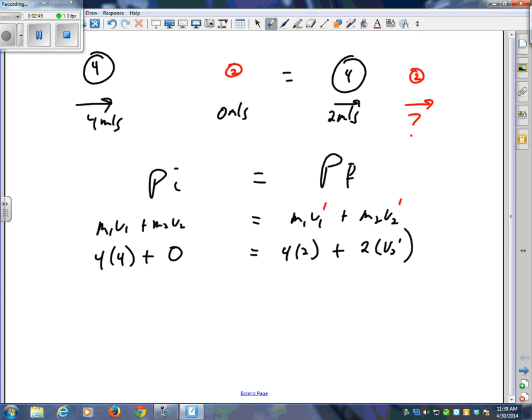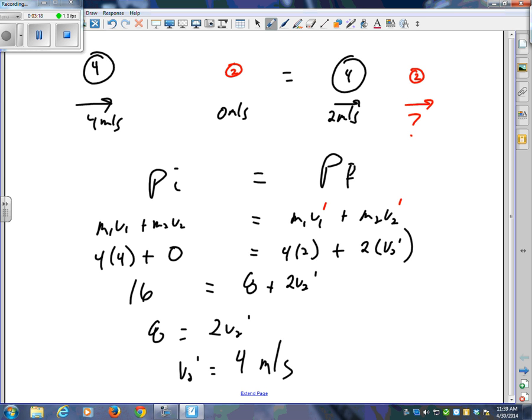The arithmetic is never hard. What's hard is the setup in these. So here I've got 16, here I've got 8 plus 2 V2 prime. So 8 equals 2 V2 prime. V2 prime then is equal to 4 meters per second.